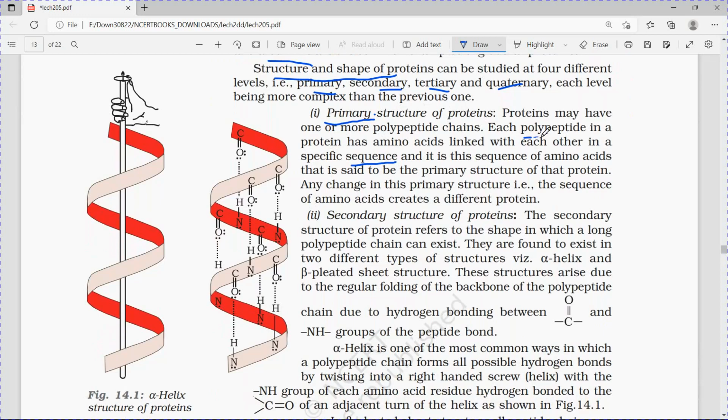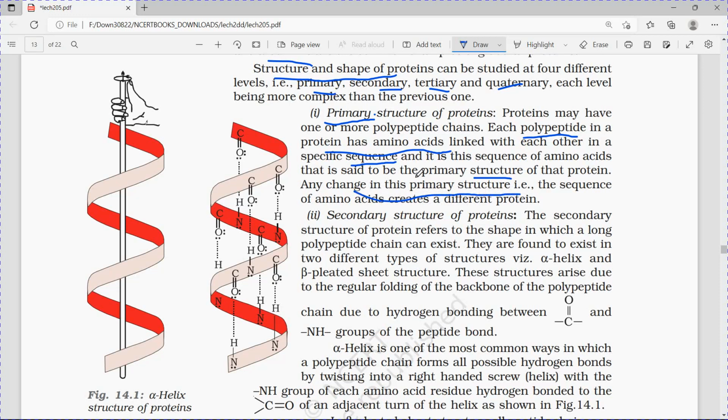In each polypeptide chain, the amino acids are linked to each other in a specific sequence. That arrangement of sequence is called the primary structure. If there is any change in the sequence of arrangement of amino acids, there will be a change in the protein.